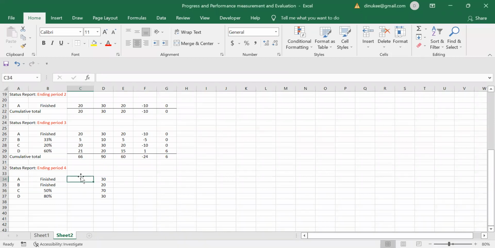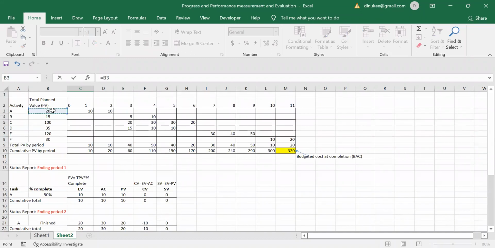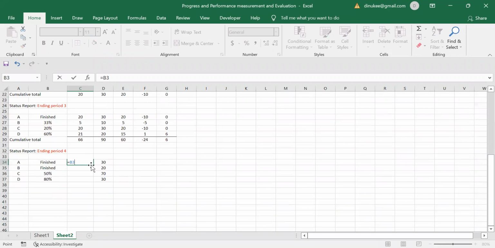So can we calculate? Can you all calculate for the earned value? So in calculating earned value, you have to take the total plan value. From that total plan value for the activity A, it is 100% completed, right? Finish means 100% completed. So I will calculate all this plan value for each and every activity. First I will calculate the earned value, right?